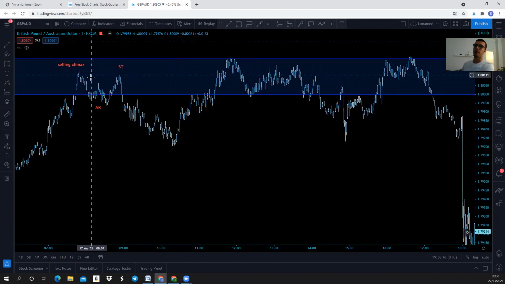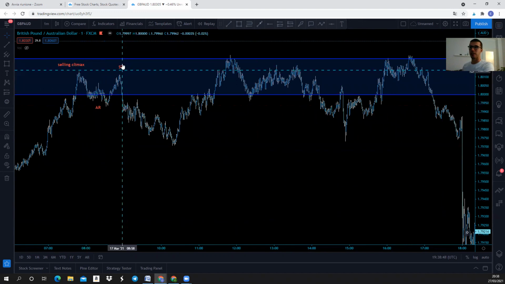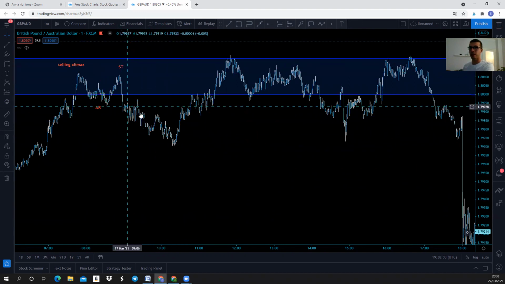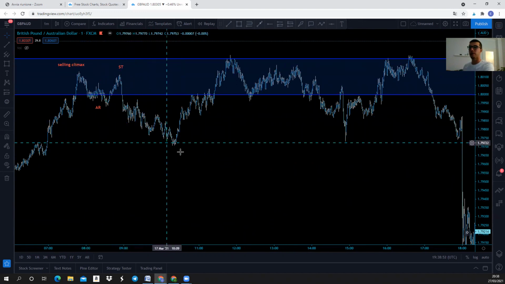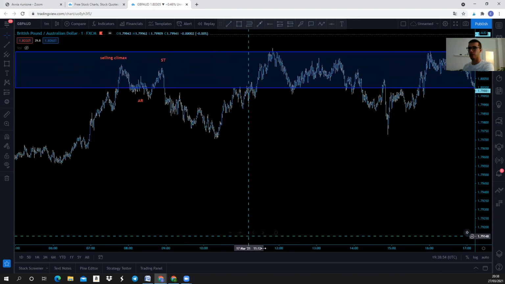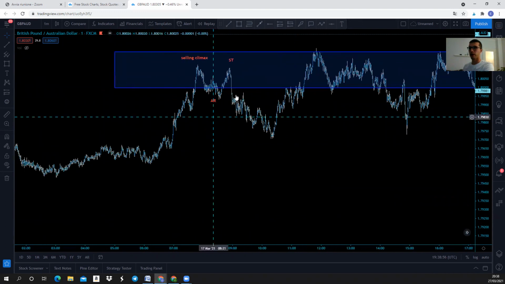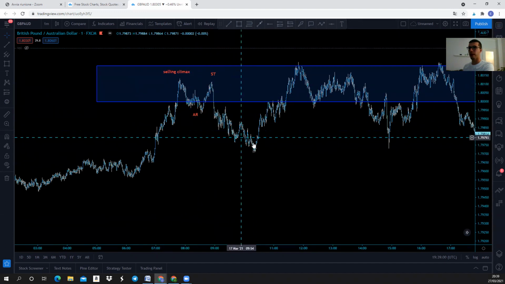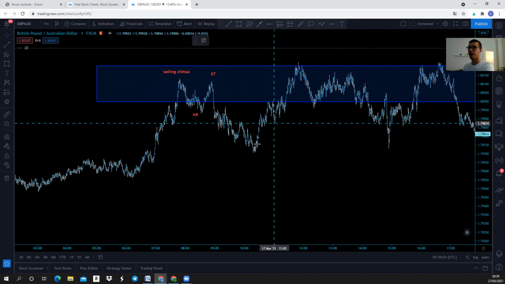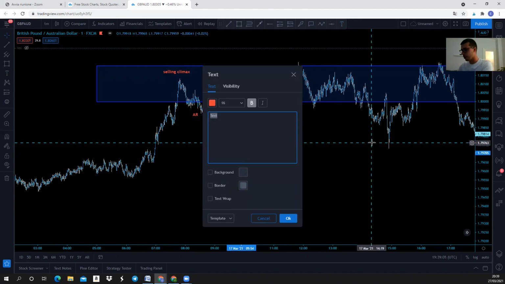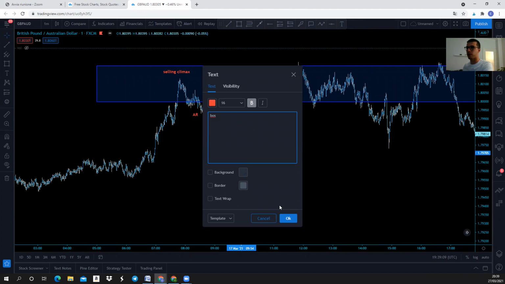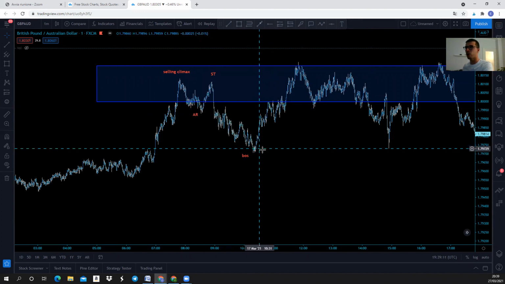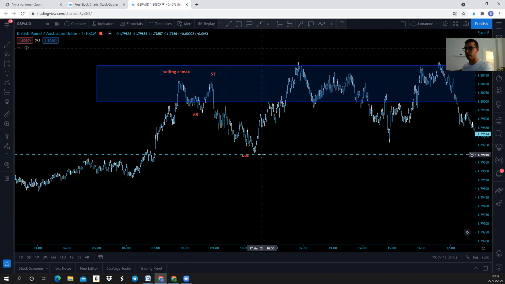So in this case we have selling climax, automatic rally, secondary test right here, and then this move to the downside is the break of structure, because as you can see we were in an uptrend and here we start turning bearish. We have the break of structure, basically a breakout of market structure, with this move to the downside, and we're turning bearish.